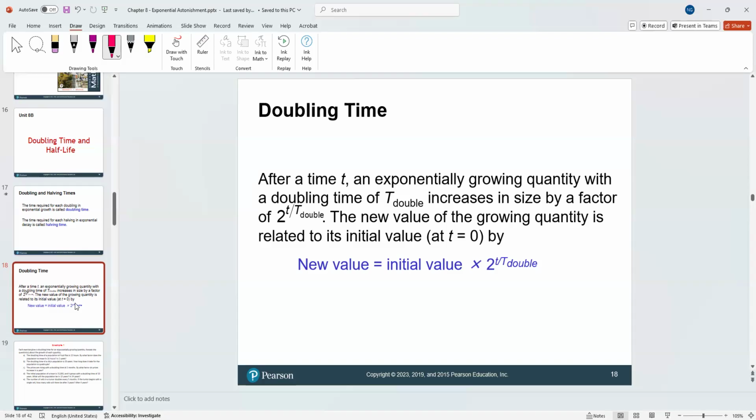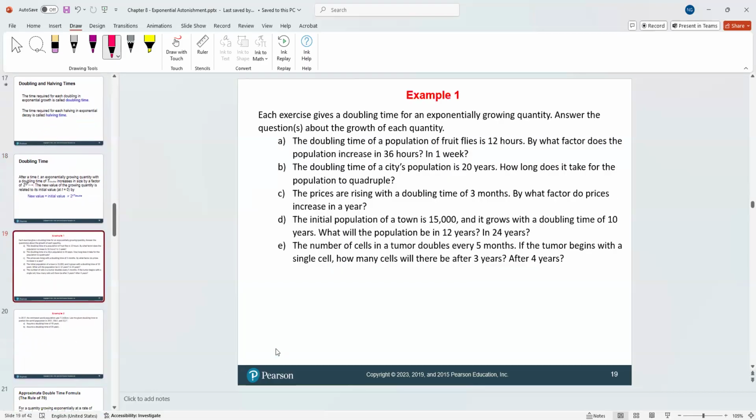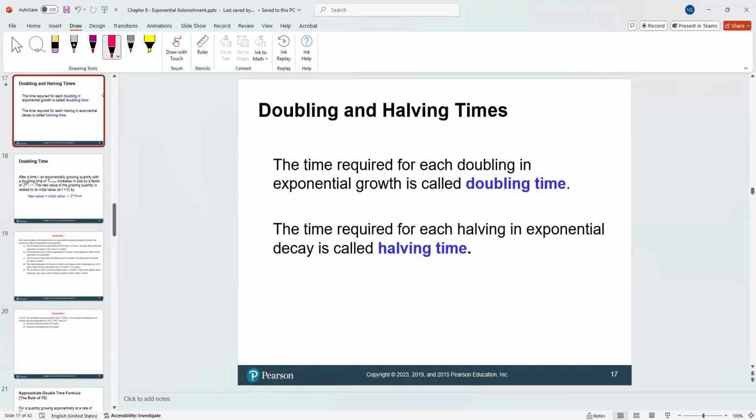We're going to have a chance to consider all of these formulas with the doubling time. We're going to do a few examples, but one thing you need to remember is compound interest. Remember what compound interest is exactly.